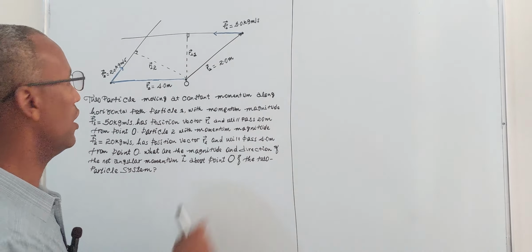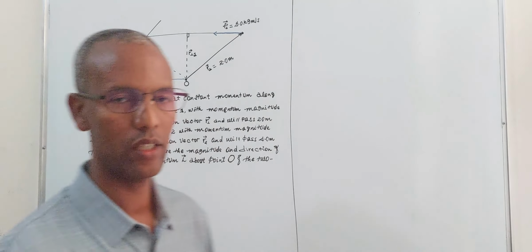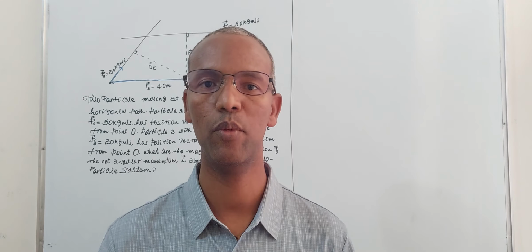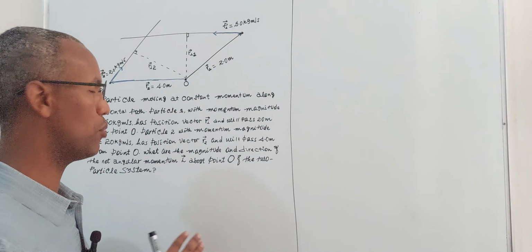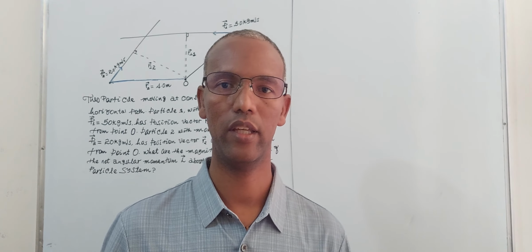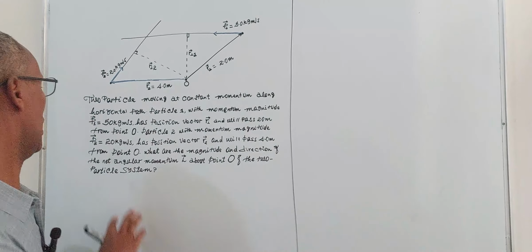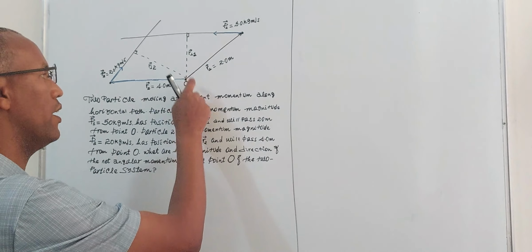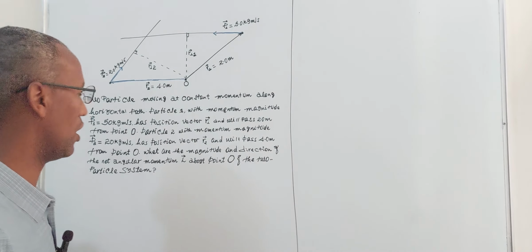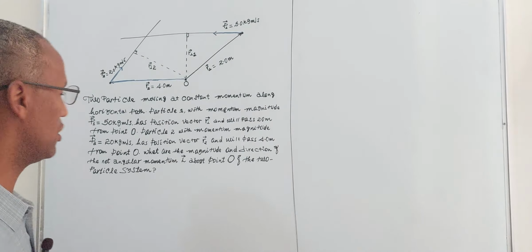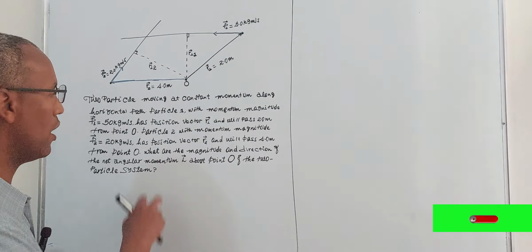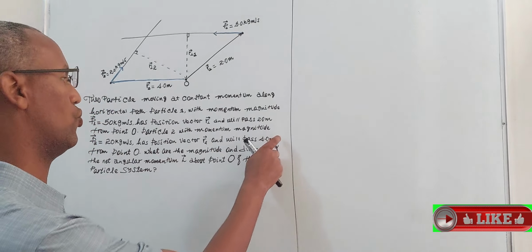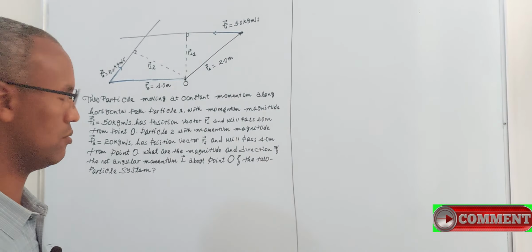Particle one is moving with a magnitude of 5 kilogram meter per second, and the position vector of particle one is 2 meters from the axis of rotation. Now particle two is moving with a magnitude of 2 kilogram meter per second, and the position vector of particle two is 4 meters from the axis of rotation.